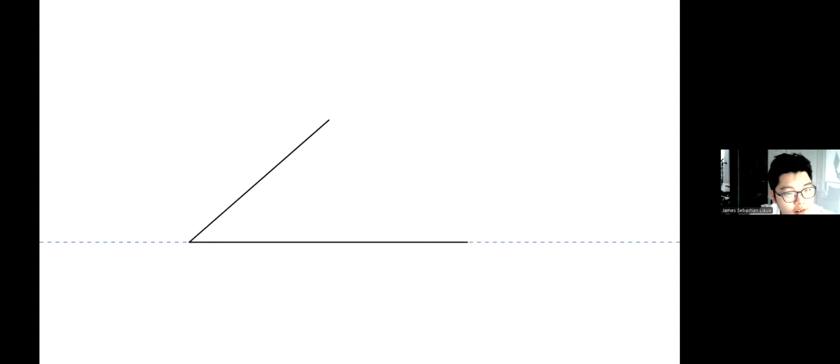Another way to add vectors, this is a very important method, especially if you're taking physics right now, is what's called the parallelogram method.